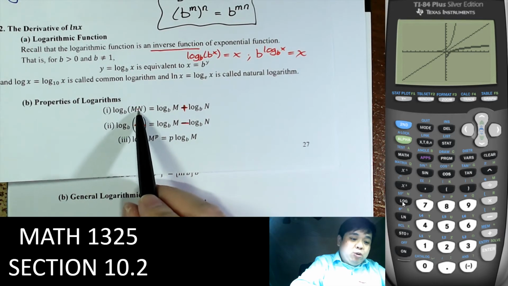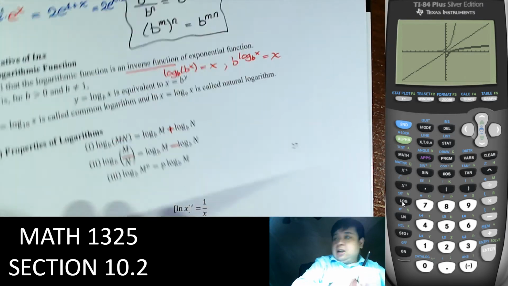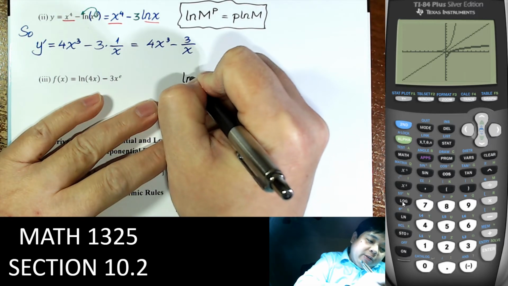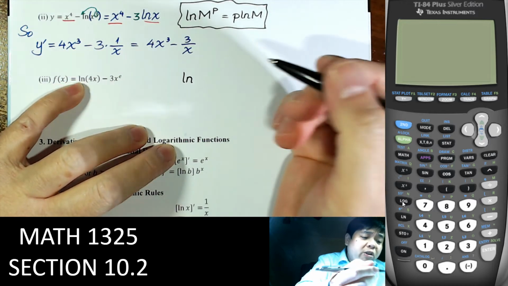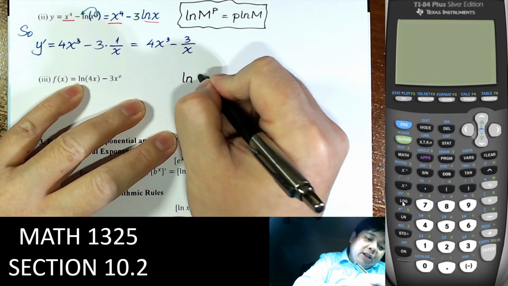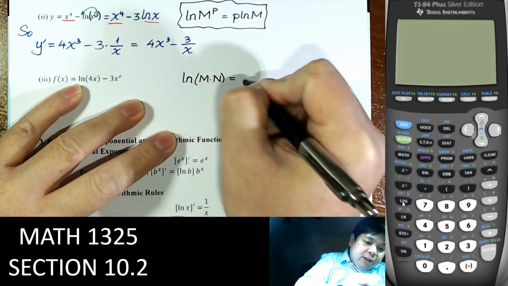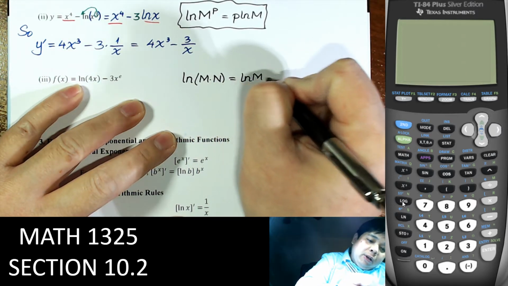Something we have to split the terms in the argument of the log. So in the ln, or log of any base, in this case just ln, ln of m times n is ln of m plus ln of n.